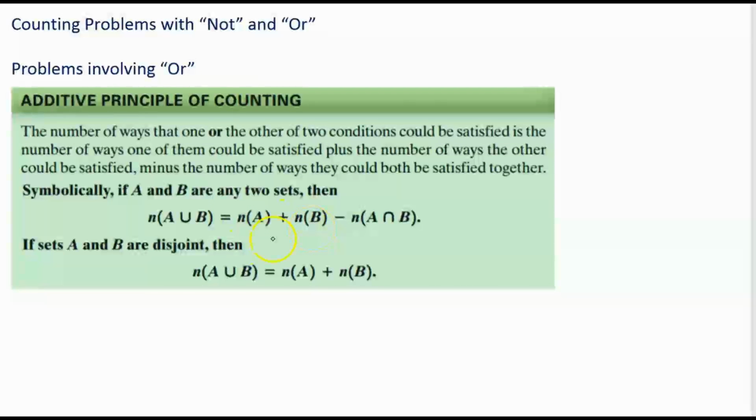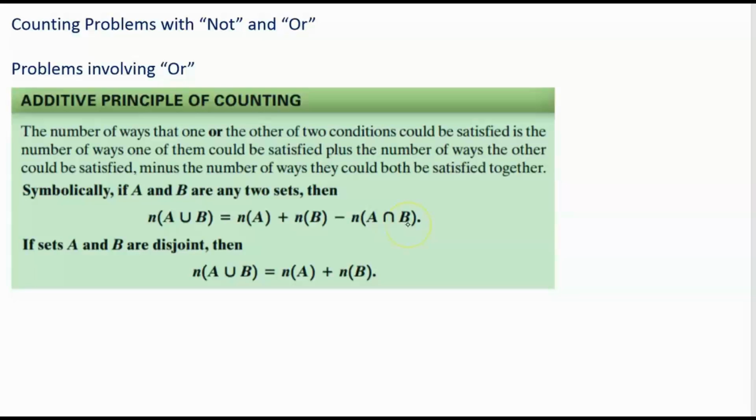So the number of ways you can do one thing plus the number of ways you could do the other thing. But what you don't want to do is double count, and that means you have to subtract out the intersection. It says if they are disjoint, which means they don't have any outcomes in common, then you just add the two together because the intersection would be empty.